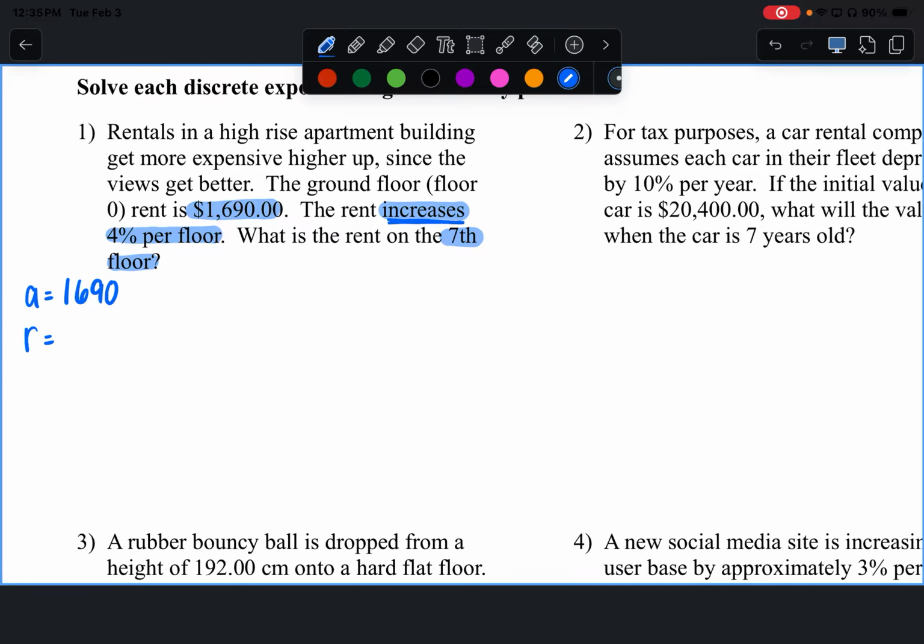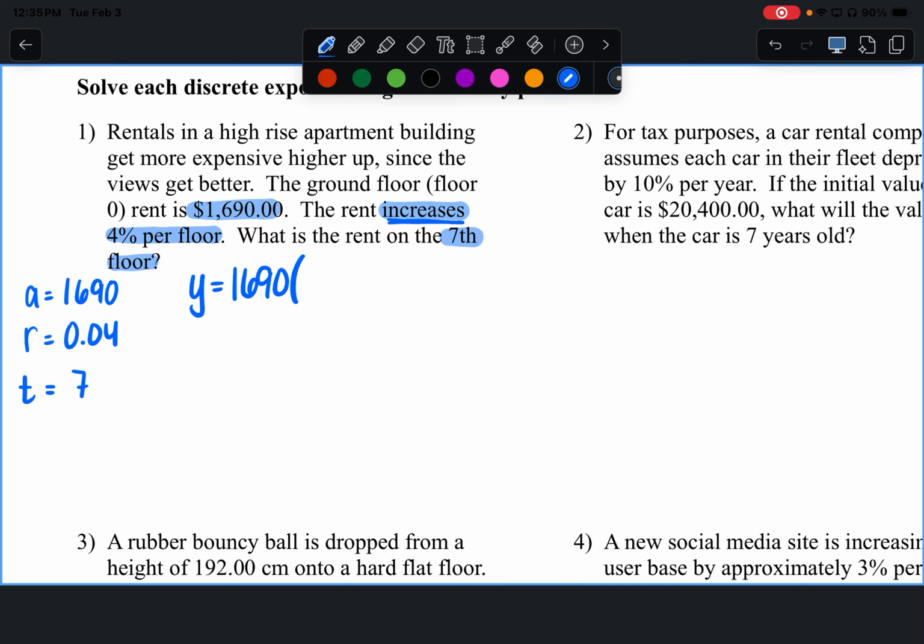It talks about floors. So T would be 7. Okay, this is growth. So when I set it up, it will be Y is equal to 1,690 times 1 plus 0.04, to the power of 7. Okay, that is how we set it up. And then you're going to finish that one.